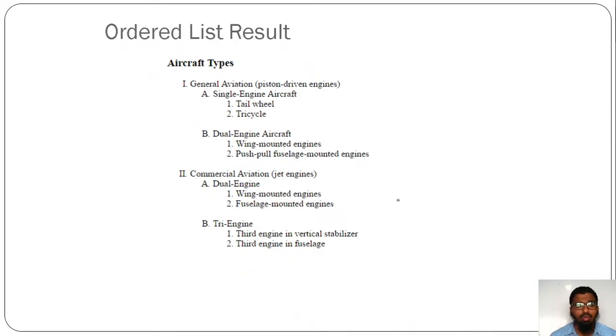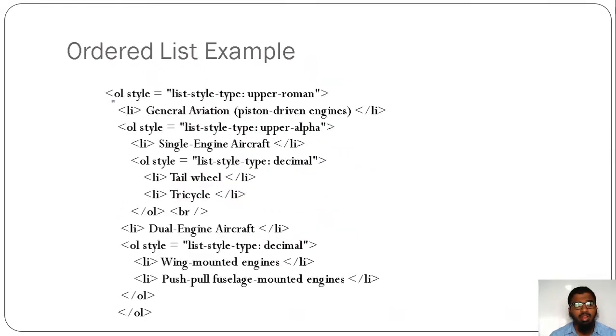This is the output: Roman number, capital A and numeric. So we have used three. Let's see. Here in the ordered list, list-style-type is upper-roman.